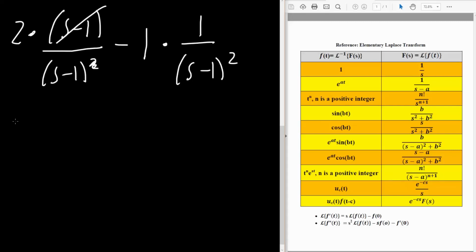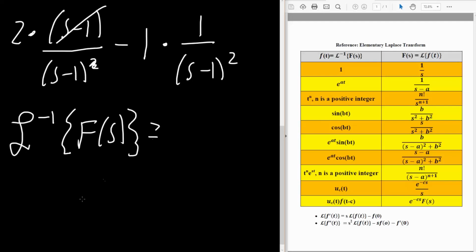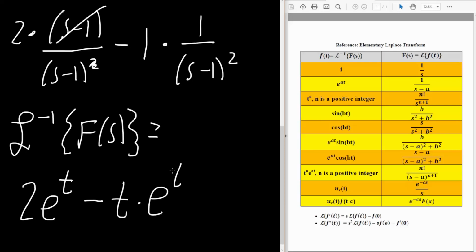And so our final answer would be the Laplace inverse of F(s) is equal to, the first one is 2 times 1 divided by (s minus 1), and that would produce 2 times e raised to t, because a is simply 1, minus, because we have a minus in the front, t times e raised to t because of this.